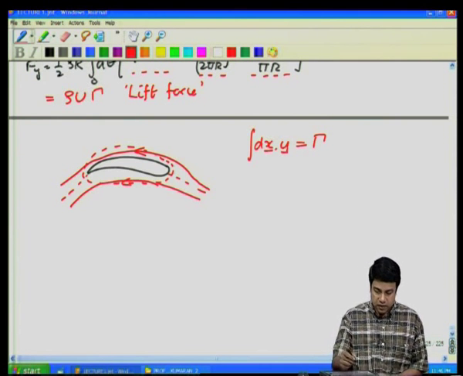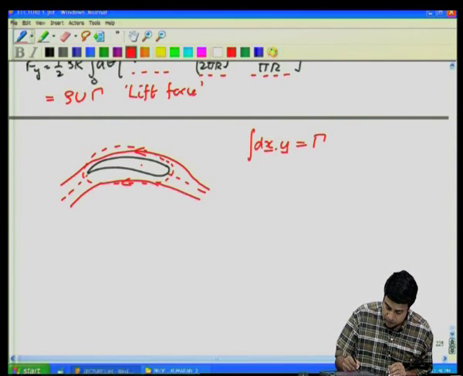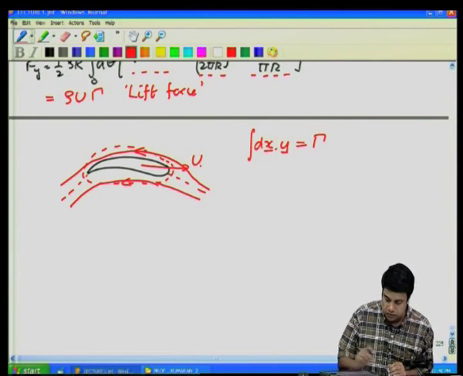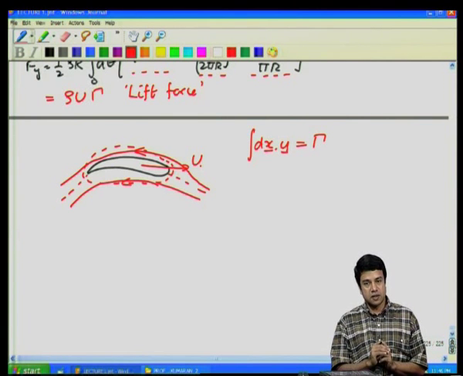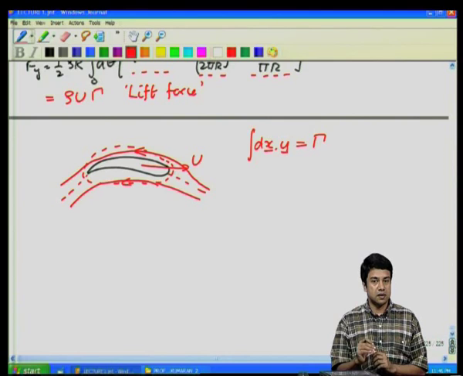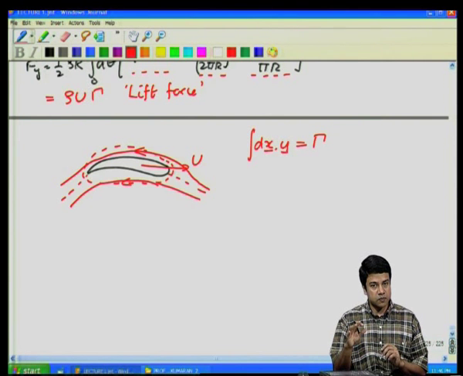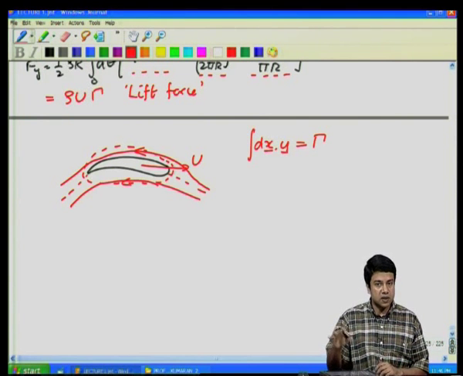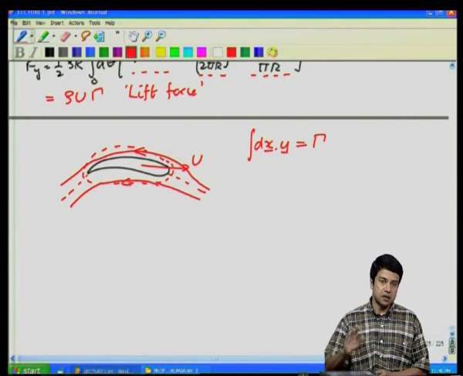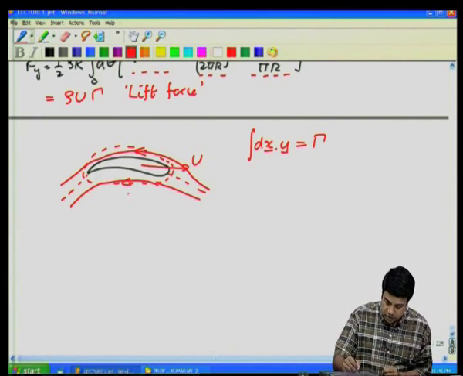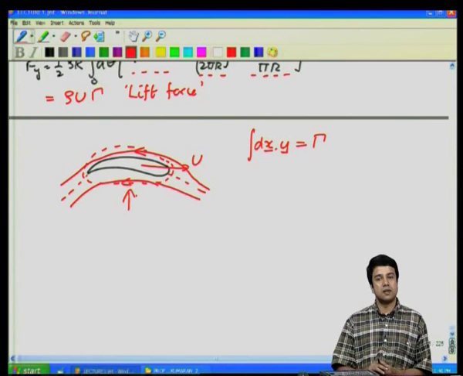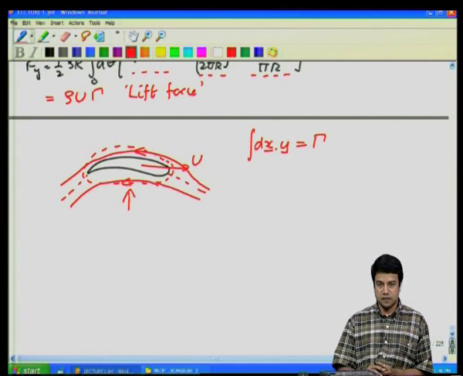So, I have the object itself moving in this direction with the velocity u, and I have a net circulation because of the shape of the object. These objects are so shaped that there is a net circulation around them in potential flow. Therefore, if I have an object moving with a constant velocity with a net circulation around it, there is going to be a net force acting perpendicular, and that is what keeps aircraft airborne.